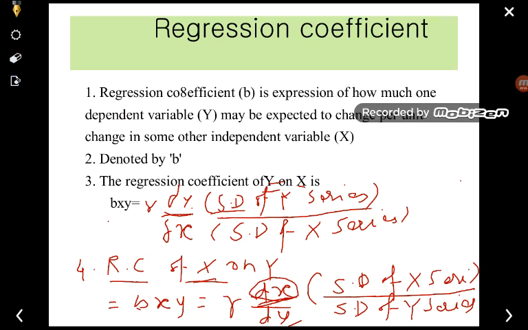In this way you have to write it down. What is dy? Standard deviation of the y series. What is dx? Nothing but the standard deviation of the x series.